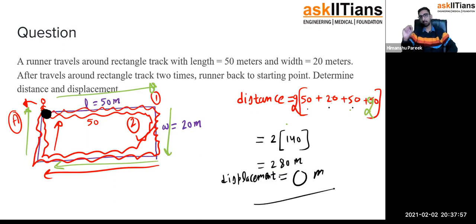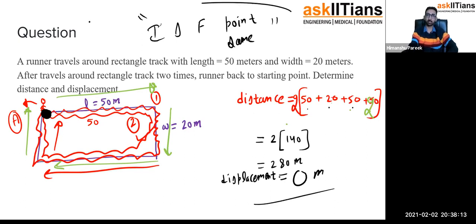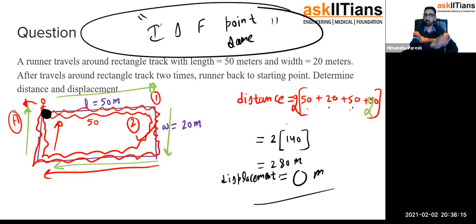When initial and final point are same, the displacement is always 0. Remember this. Always remember this as a fact. Okay. And it's not a very difficult thing.